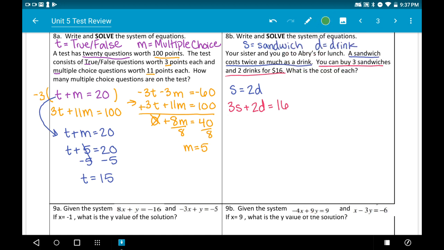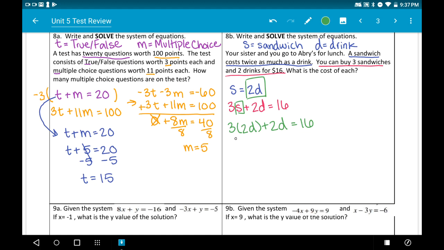So this one is set up for substitution instead of elimination. And I'm going to box this in. So S equals 2D. And since it's S equals, I replace the S in this equation. So I'll have 3. Instead of S, I have 2D, plus 2D equals 16.